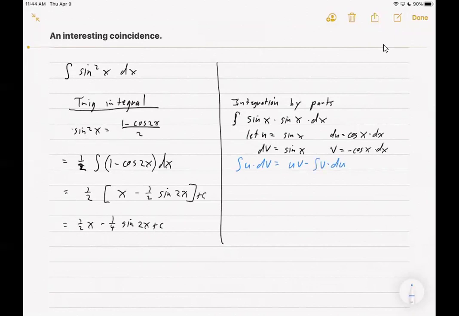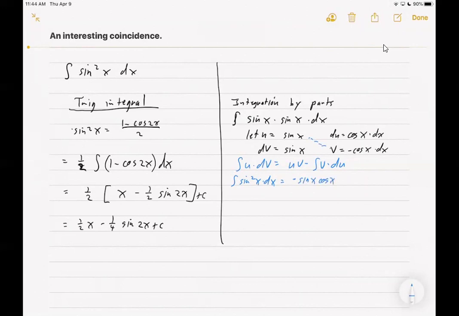So that would be the integral of sine squared of x dx. That's the original integral, would equal u times v. Okay, so what is u times v? That would be negative sine x cosine of x.